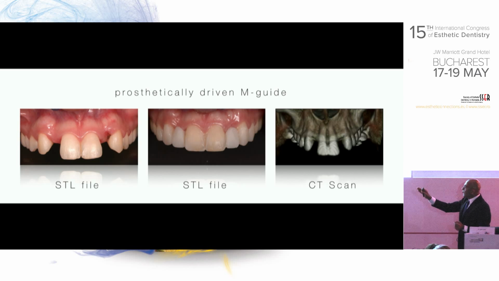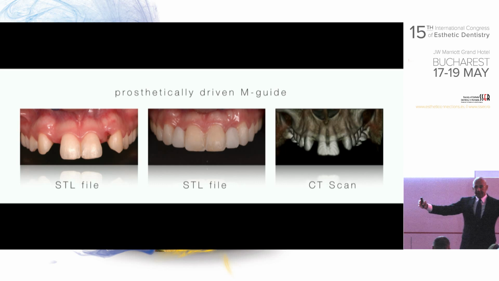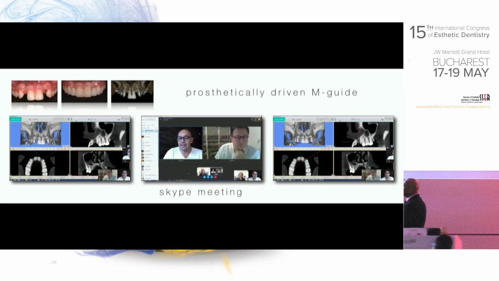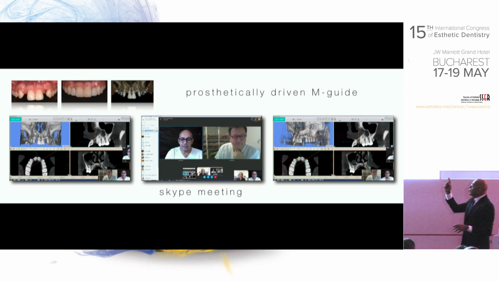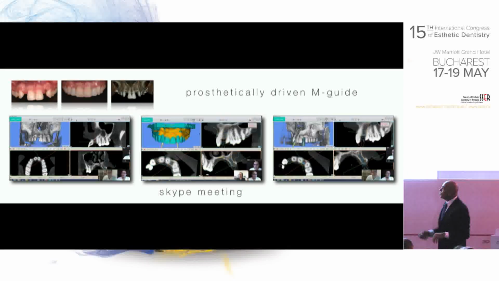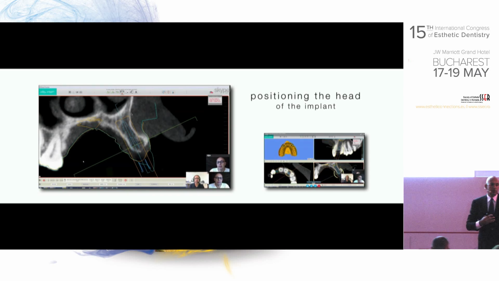One is the 3D STL file of the existing case. The second one is the STL file of your mock-up, because that will dictate everything to be positioned, and the CT scan of this case. Now, when this goes to the center, again, I don't have the sound here, but you can see on the top right screen that we can always see the mock-up versus the original position.